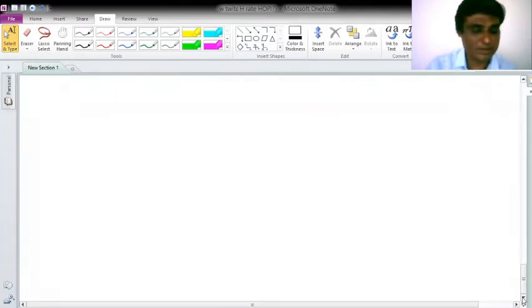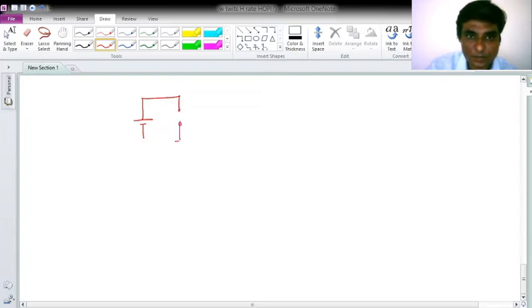Now next we'll take one example in order to find the solution, which will be based on a set of simultaneous network equations. Okay, so suppose my circuit is like this. One more voltage source connected here.